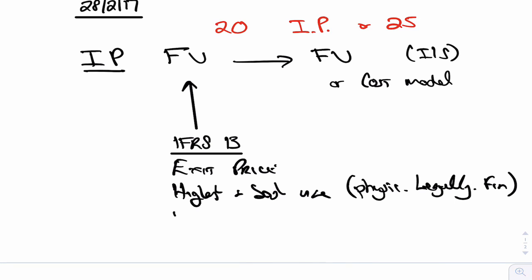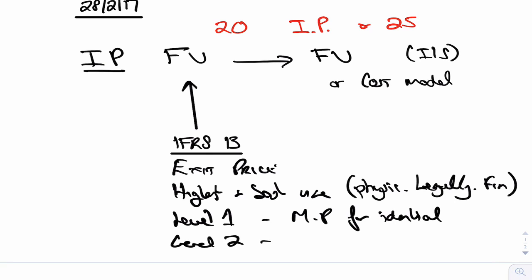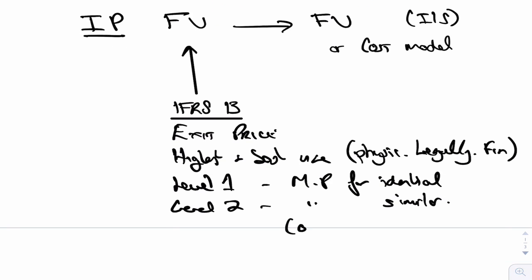Write all those down. And then you say you look for the fair value, you look at level 1, you look at the market prices for identical assets. And if that's not possible, you use level 2, market prices for similar, not identical, similar. Using as many observable from a market inputs as possible.